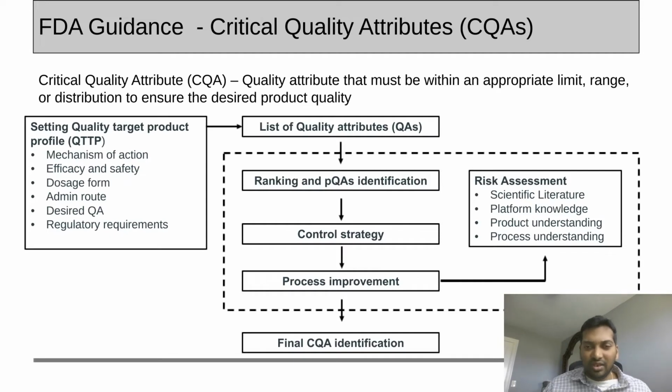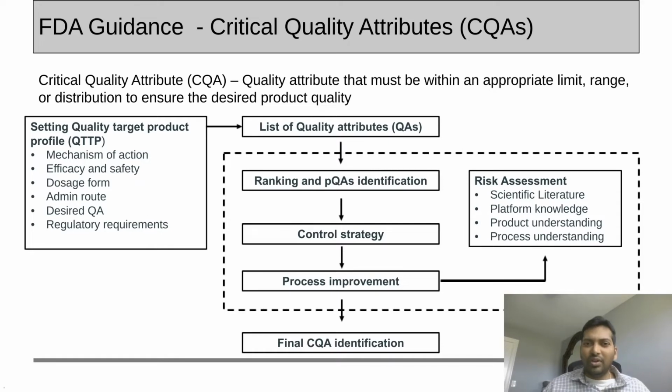In a general guidance, how are these critical quality attributes defined in the small molecule world or the recombinant protein world? Once you have a lead candidate and want to understand its critical quality attributes, what people normally start with is a quality target product profile.